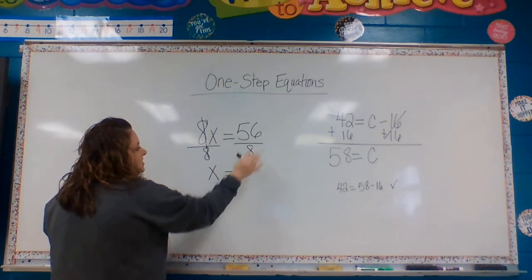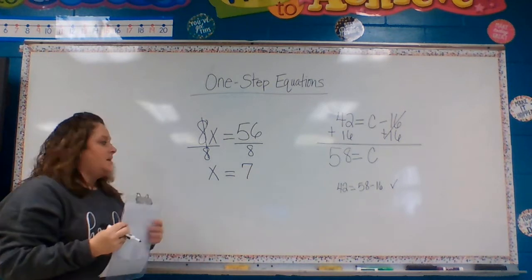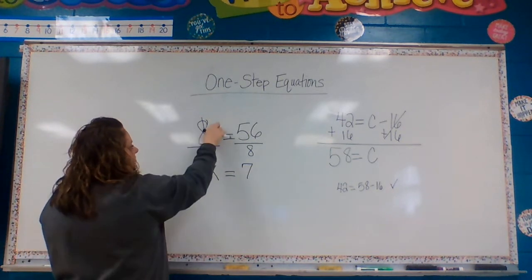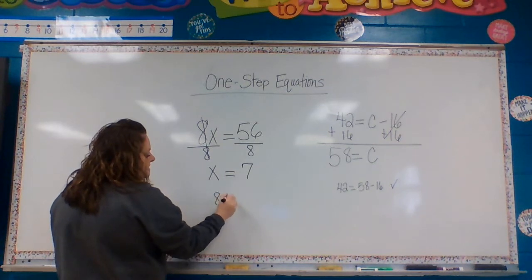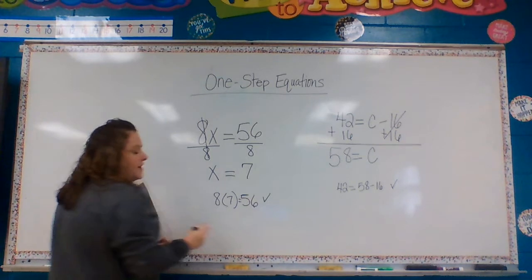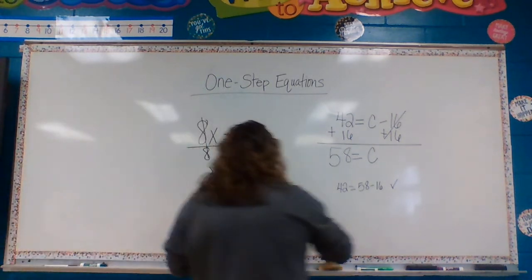That cancels out. 56 divided by 8 is 7. And then I can go back and substitute 7 for x. 8 times 7 is 56. So that one checks also. Easy, easy, easy. All right, let's try another one.